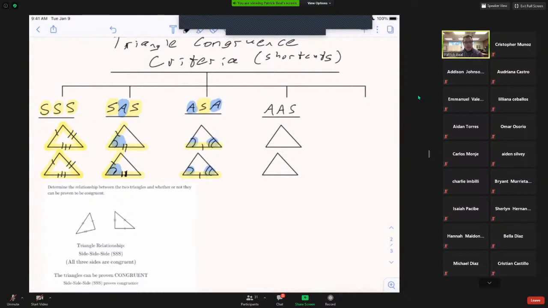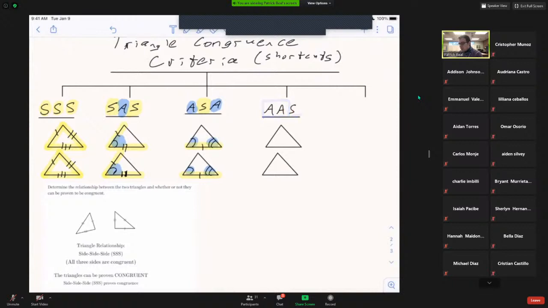Now for AAS, what do you think we need to know? What do we need to know to use this shortcut? How many angles, how many sides do we need this time? Yeah, two angles, one side. Now notice that the other one, ASA, also uses two angles and one side.